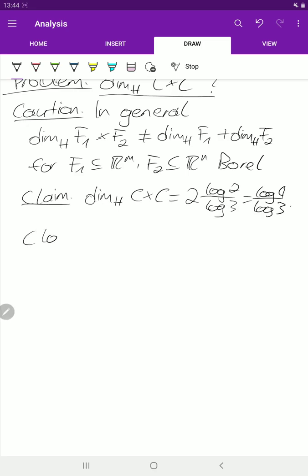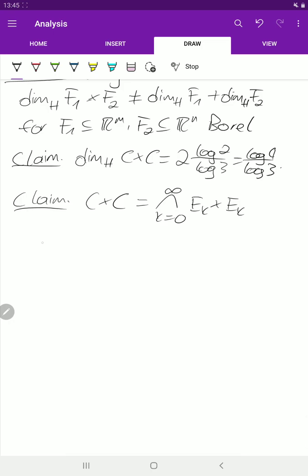Let me first give you another claim. Namely, I claim that the product of these two Cantor sets is just the intersection of these sets Ek cross Ek. So how do we see that? Well, let's first write down the definition.